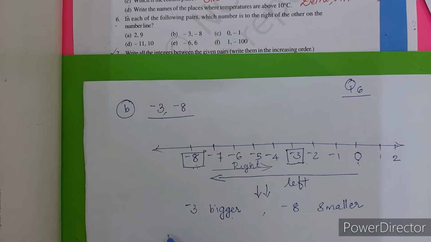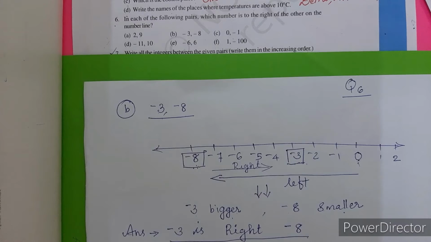So the answer is minus 3 is right to minus 8, because minus 3 is the bigger number and minus 8 is the smaller number. Always the bigger number is right to the smaller number.